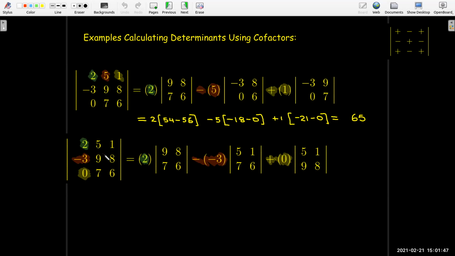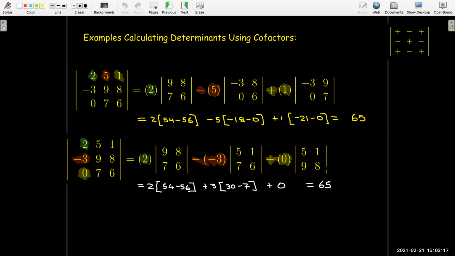So 2 times its minor, which didn't change from the first example, negative 3, but now I have a minus sign in front of it. So that'll wind up being a positive 3 times its minor, and then plus 0 times its minor. And if we do the arithmetic, we get the same answer, 65.